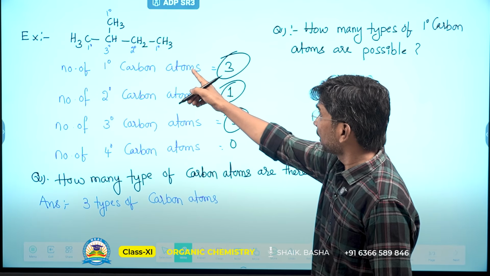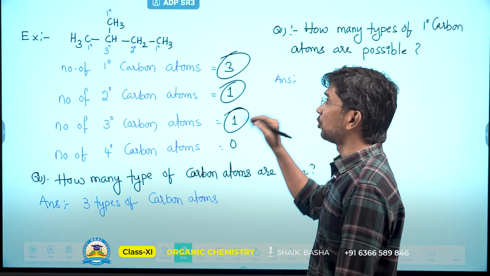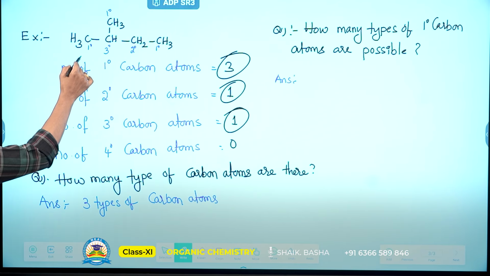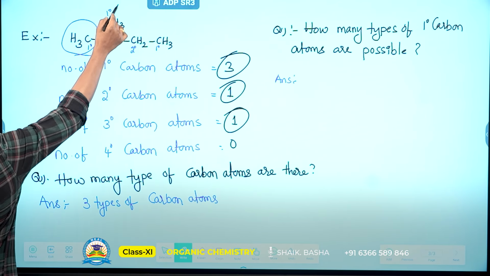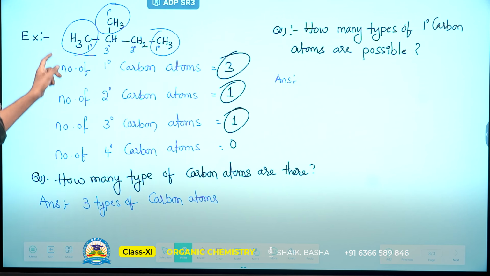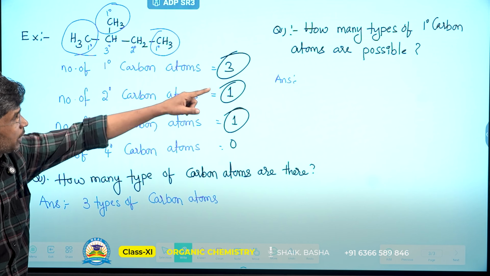Here total primary carbon atoms are 3. How many types of primary carbon atoms? How do we have to check in this? If we take this one, this is the primary. 3 primary carbon atoms are there. But how many types of primary carbon atoms are possible?